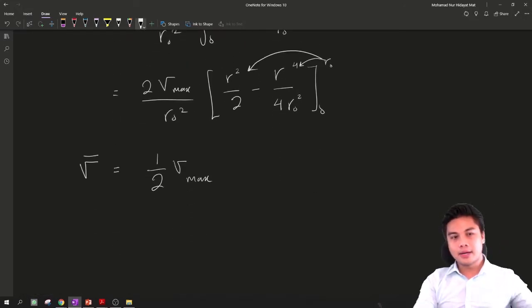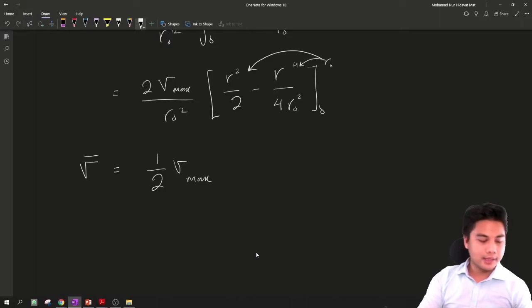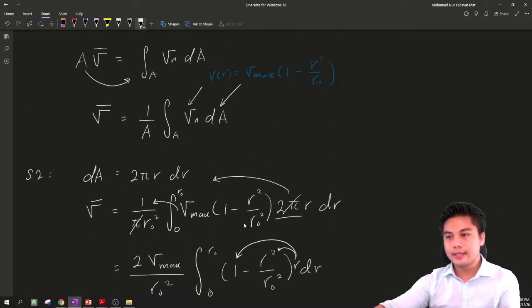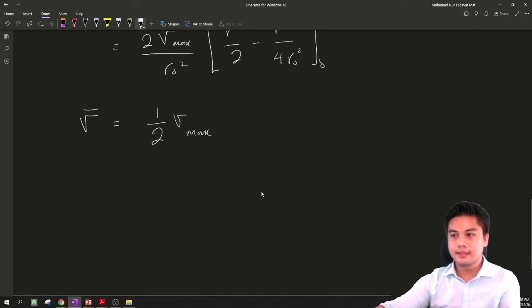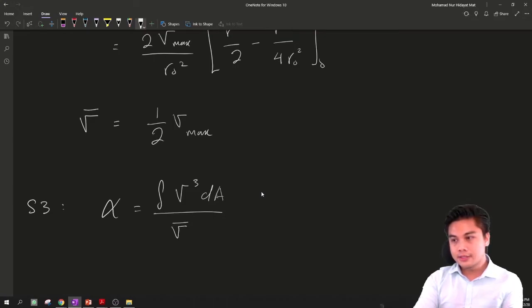So from this part, we can find the kinetic energy correction factor under step number 3. Alpha equals the integral of V to the power of 3 dA over average velocity to the power of 3 times area.